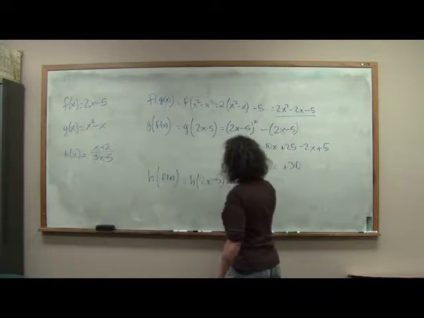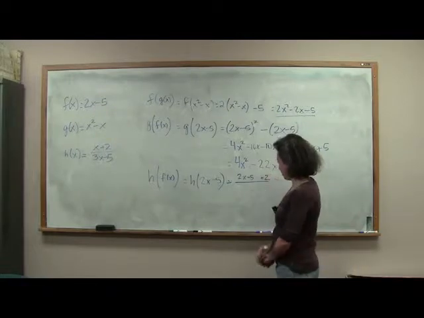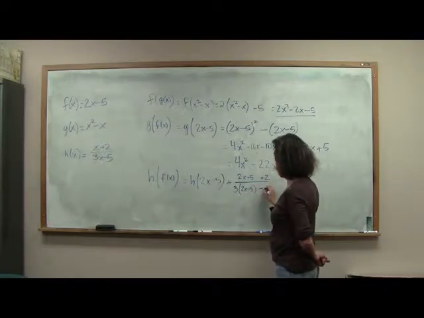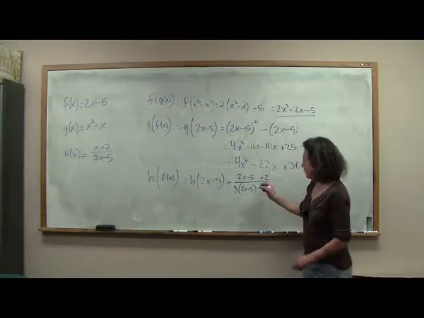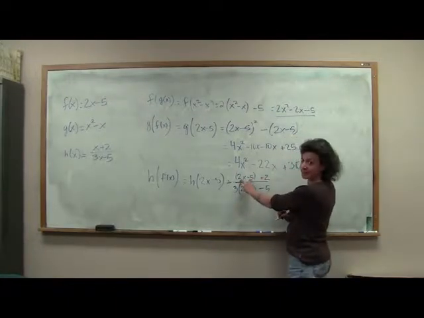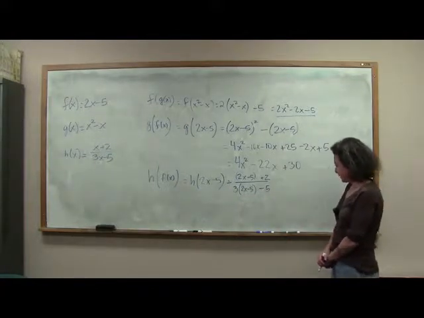So in my numerator, in place of that x, I have 2x minus 5, and then I have plus 2. And in my denominator, I have 3 times (2x minus 5) minus 5. Notice, this was one place where there was an x in my function, so I plugged in 2x minus 5, and here is the other place.